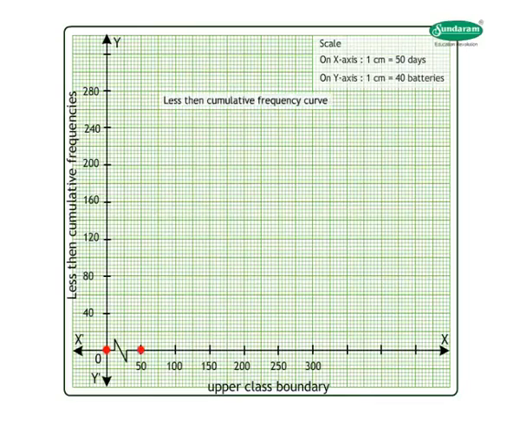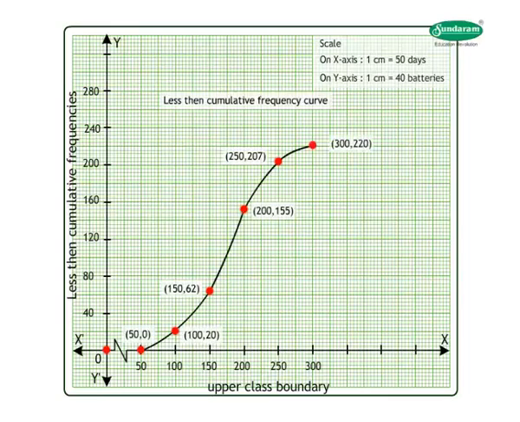Thus, we plot the points (50, 0), (100, 20), (150, 62), (200, 155), (250, 207), (300, 220). We join these points by a smooth freehand curve. Thus, we get the desired less than type cumulative frequency curve showing the life of batteries.